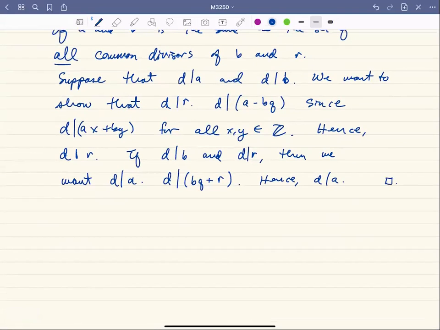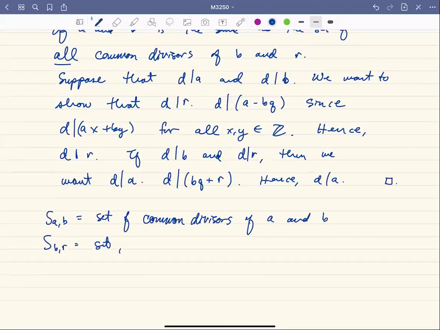This is our proof. One thing that I think is helpful, which I should have included in the actual proof, is a little bit of notation. Let's say S_AB is the set of common divisors of a and b, and likewise S_BR is the set of common divisors of b and r.